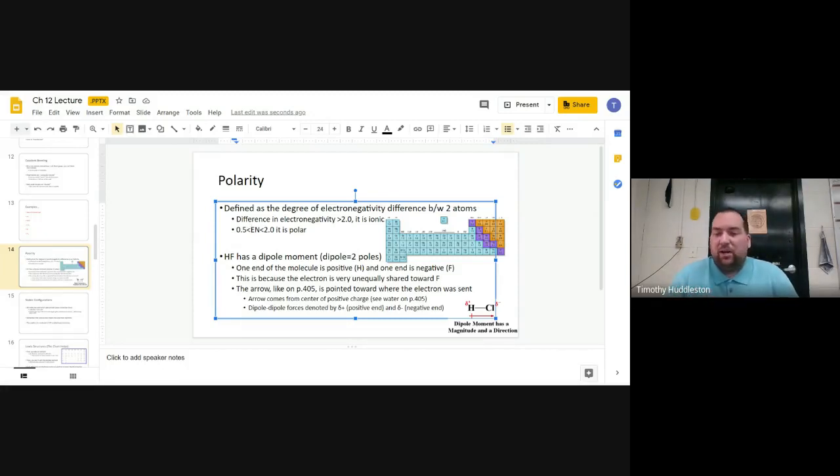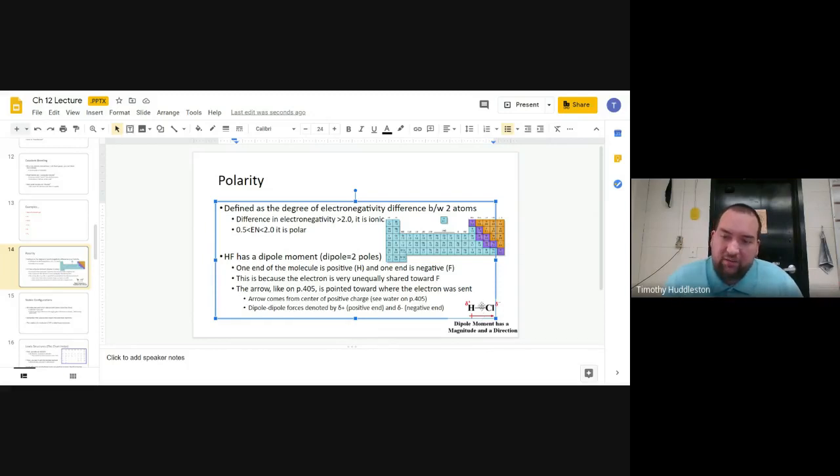A dipole moment means exactly what the word says. Dipole means it has two poles, one positive and one negative. The positive end of the molecule will be the cation, or whichever atom is less electronegative, and the negative end is the more electronegative one.